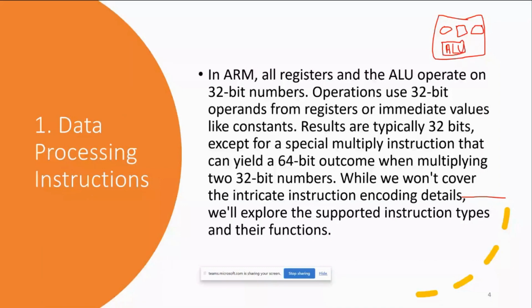The ARM processor has an ALU which operates on 32-bit numbers. Operations are performed on these 32-bit operands, either on registers or constants, known as literals or immediate values. For instance, adding a constant like 10 to a register involves using such immediate operands directly specified within the instructions.